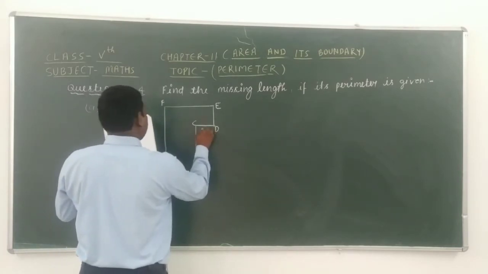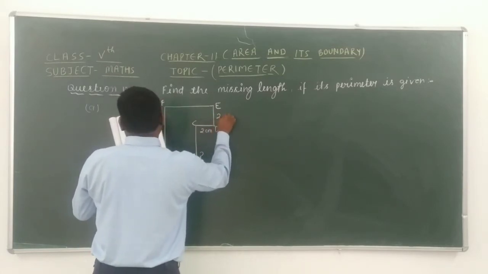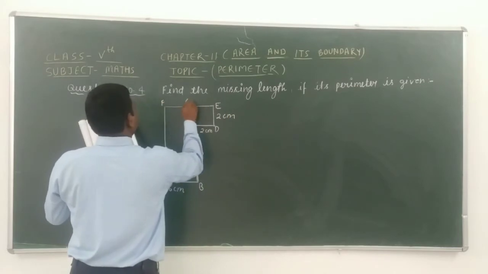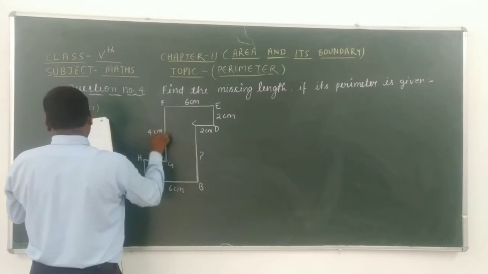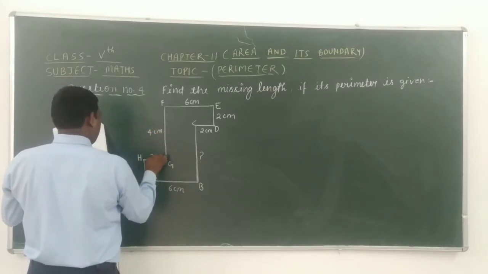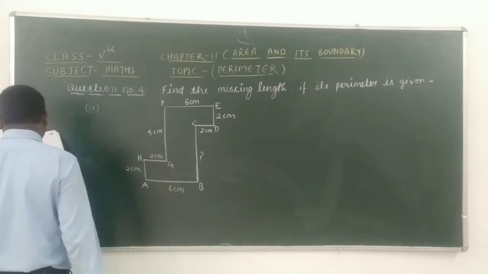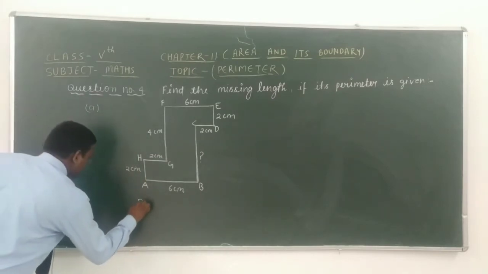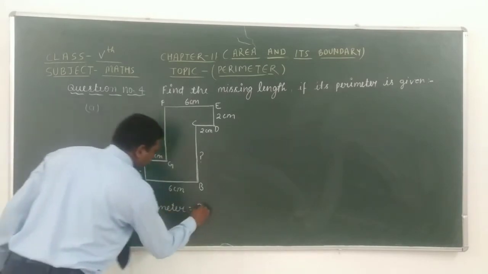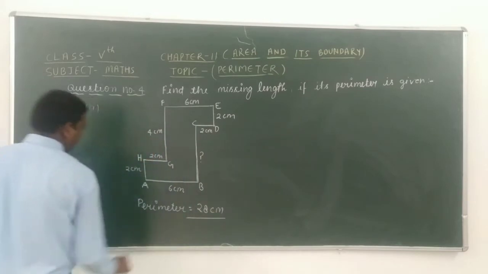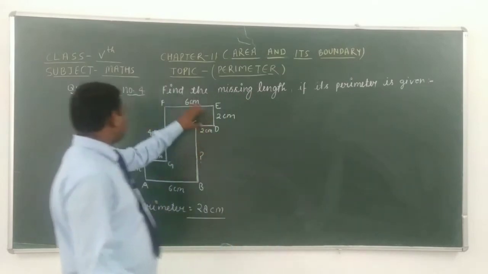CD is 2 centimeter, DE is 2 centimeter, EF is 6 centimeter, FG is 4 centimeter, GH is 2 centimeter, and HA is 2 centimeter. And given that the perimeter is equal to 28 centimeter. Okay, dear students, look at here carefully.